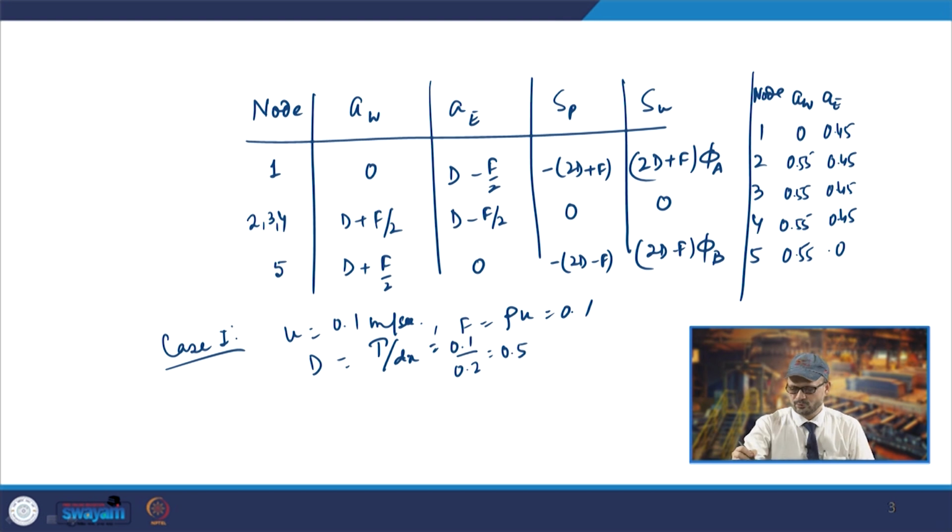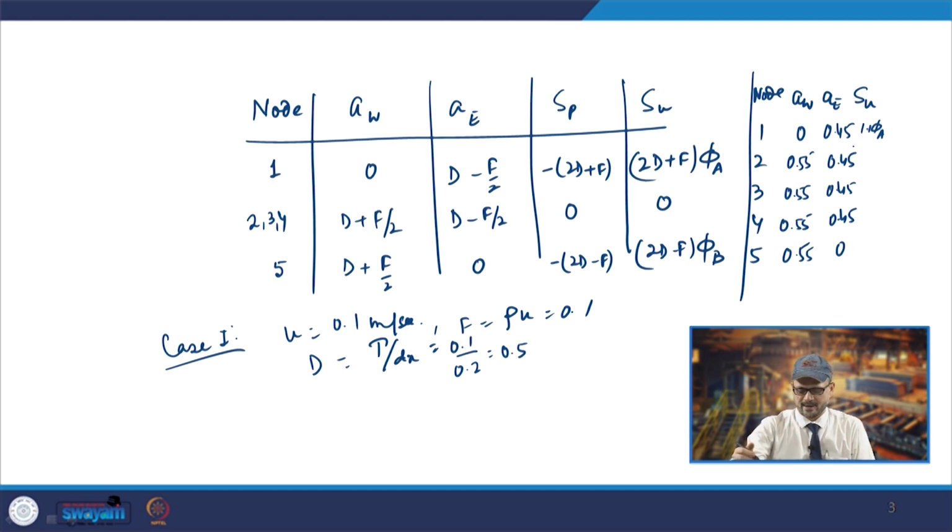Then similarly you go for SU. SU will be 2D plus f into phi a, and phi a you know. So, accordingly you can have the values, like 1.1 phi a, and that is SU. 2D plus f, 2 into D, so 1 plus 0.1, 1.1 phi a.